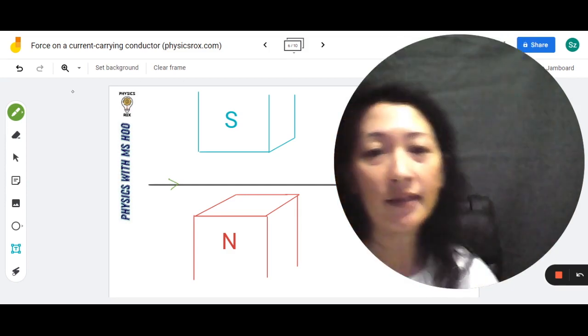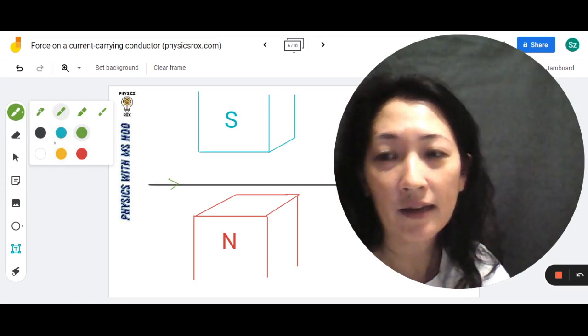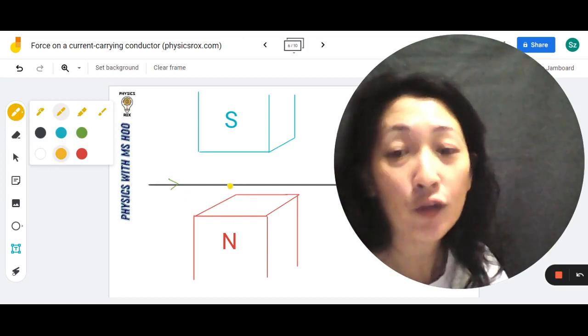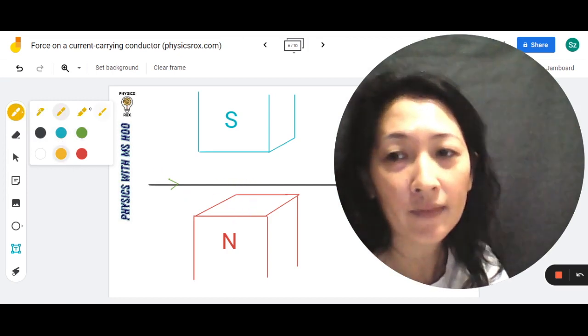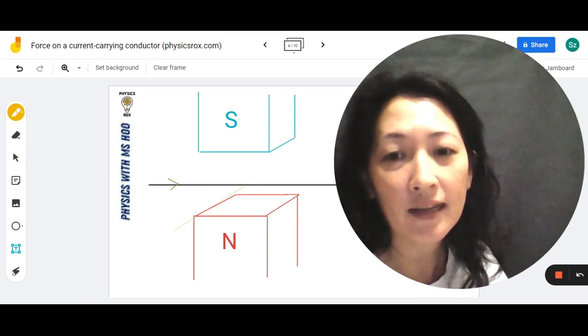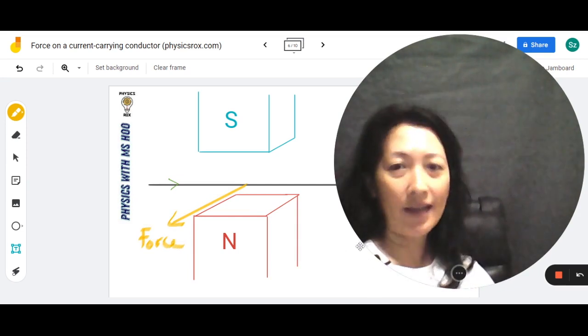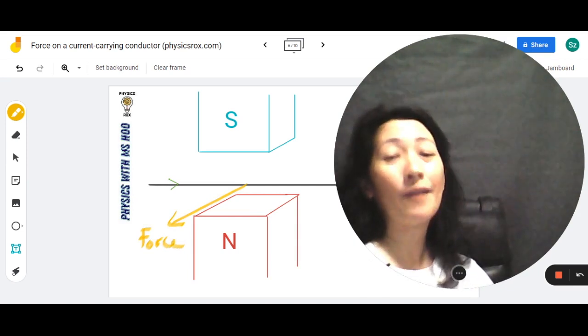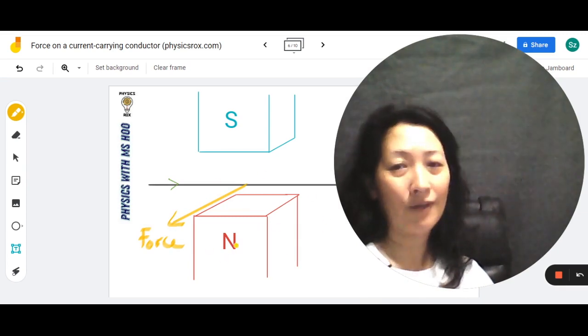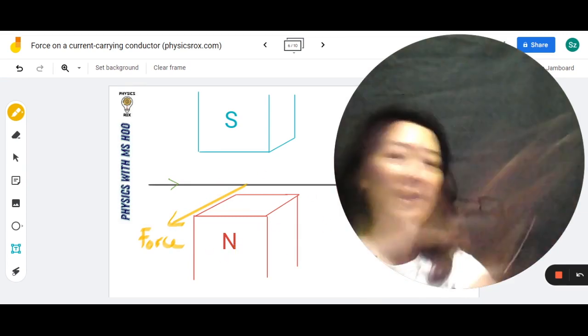That means the force created here is moving towards you. So in 3D form, it would look like this, moving this way in 3D.